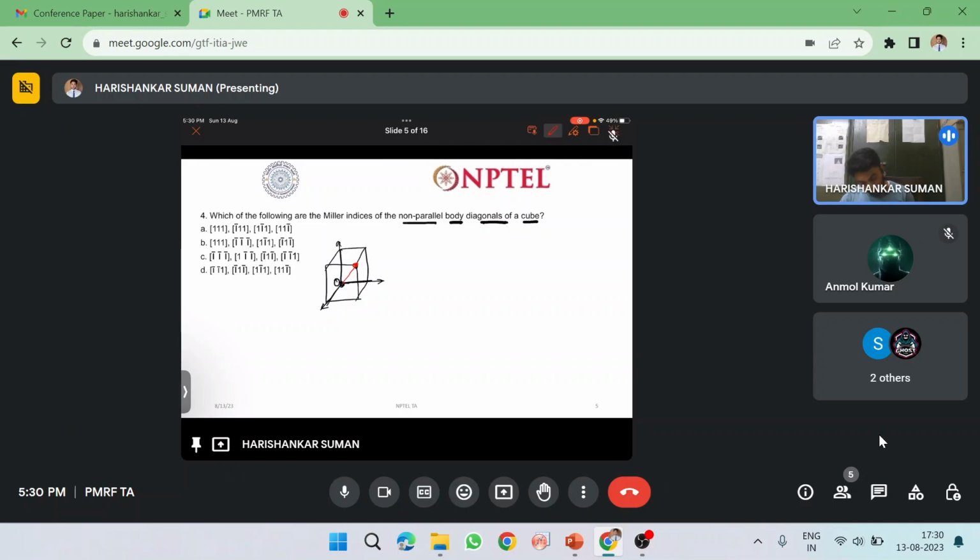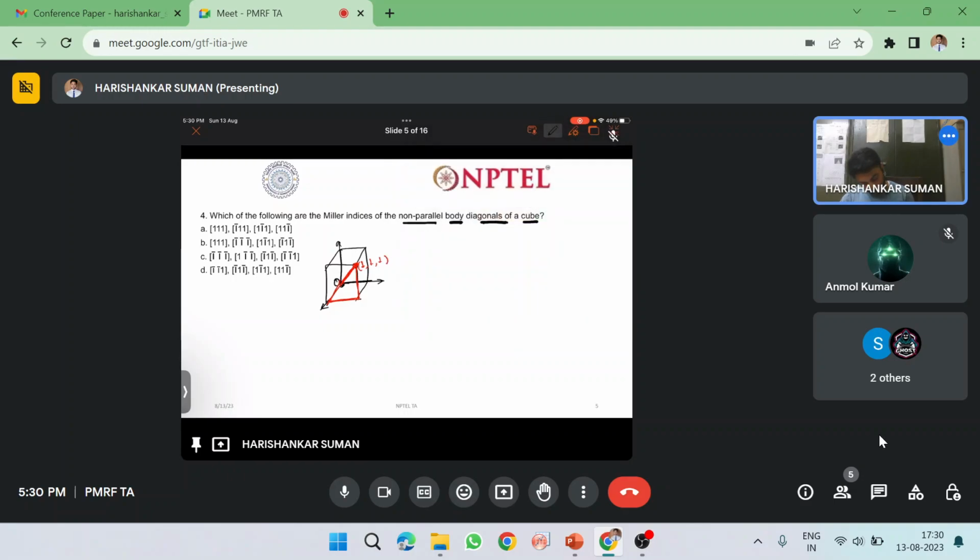This is the body diagonal, and to this point from the origin we move x, y and z. This is x, this is y, this is z: 1 1 1.